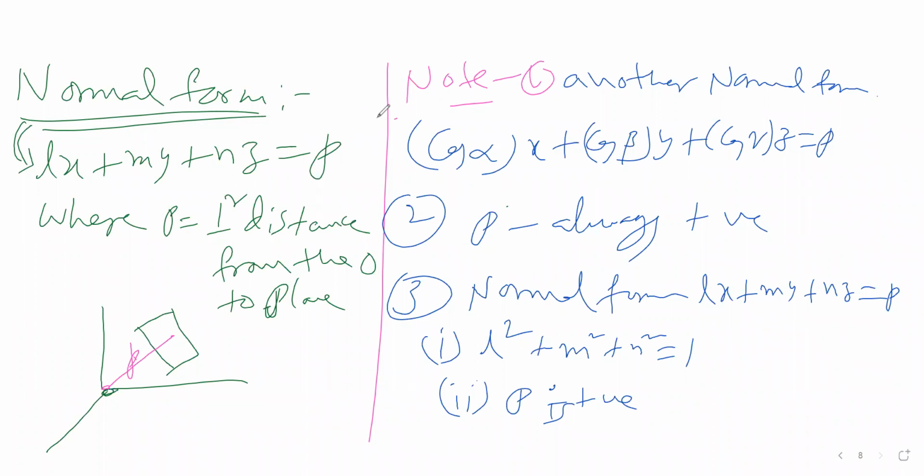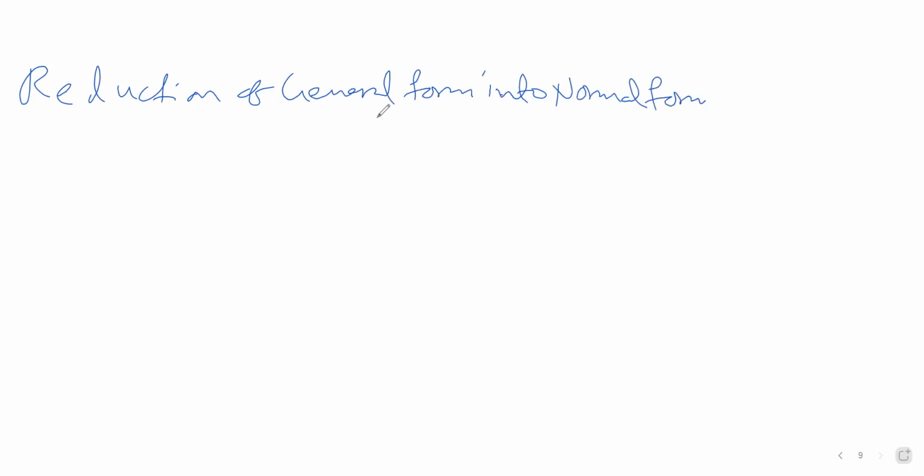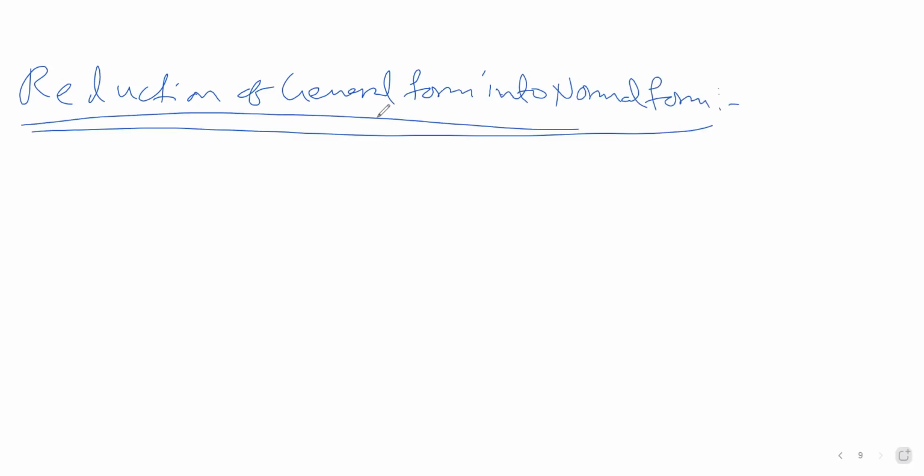Here, the general form of the plane is ax plus by plus cz plus d equals 0. This is nothing but the equation of the plane in general form.